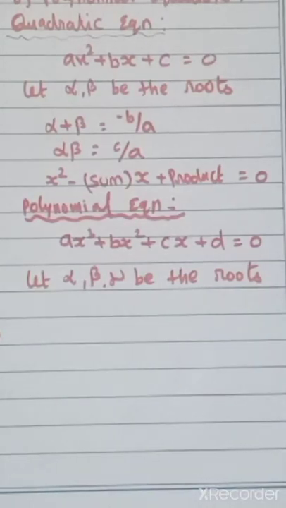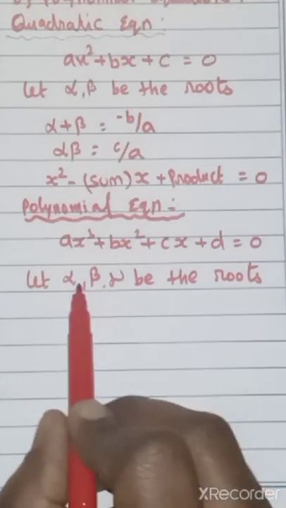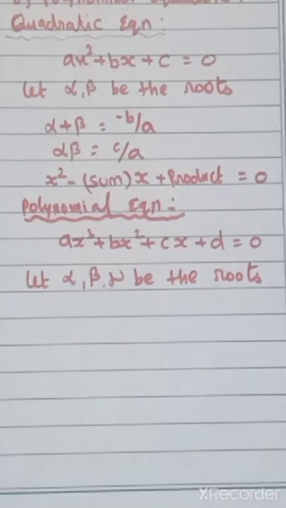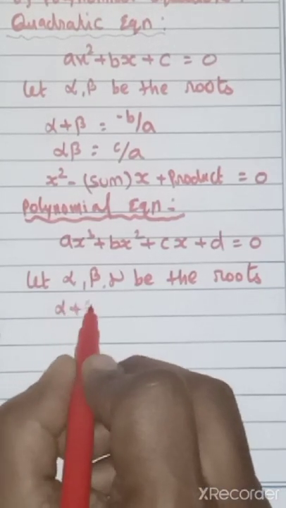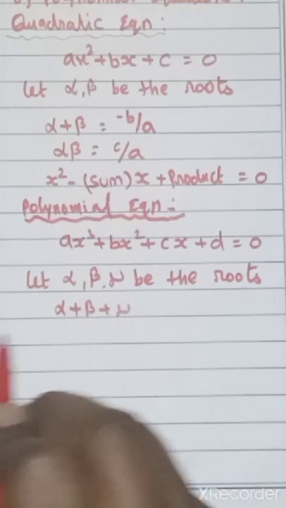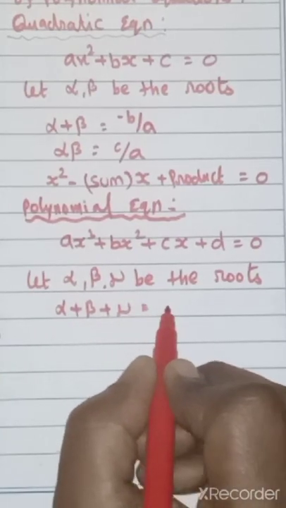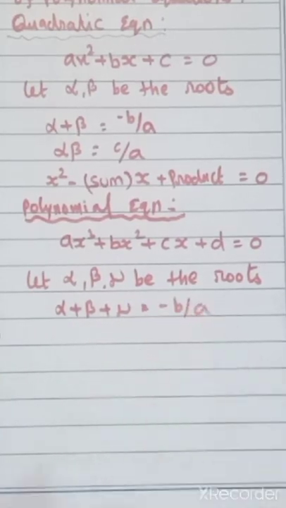Next, what should we find? The sum of the roots and the product of the roots. Since there are 3 roots, we take the sum of one root, then the sum of two roots. The sum of one root is alpha plus beta plus gamma, which is equal to, what is the formula? Minus b by a.